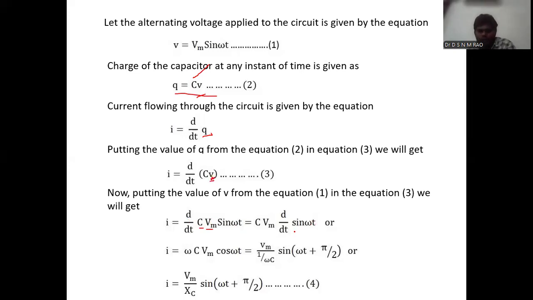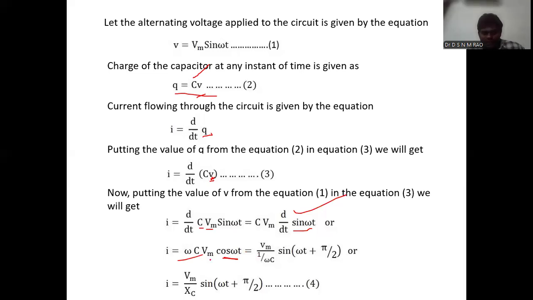Using the formula d by dt of sin at equals a cos at, where a is omega, we get omega C Vm cos omega t.